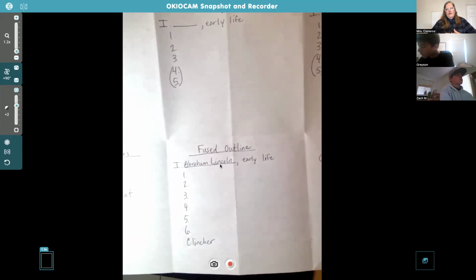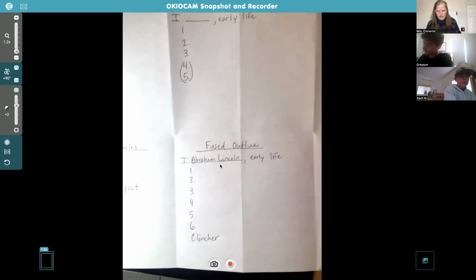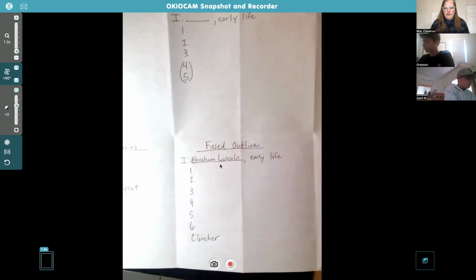You can say Abraham Lincoln was born on blank in blank, like what state he was born in. You don't have to use the words early life, but this is helping you remember this is what you're focusing on for your first paragraph. And then you're going to fill in some interesting facts. Okay, so you're all set up for your first Roman numeral.